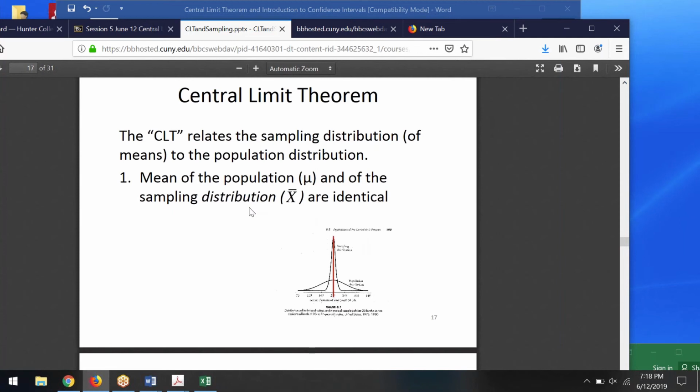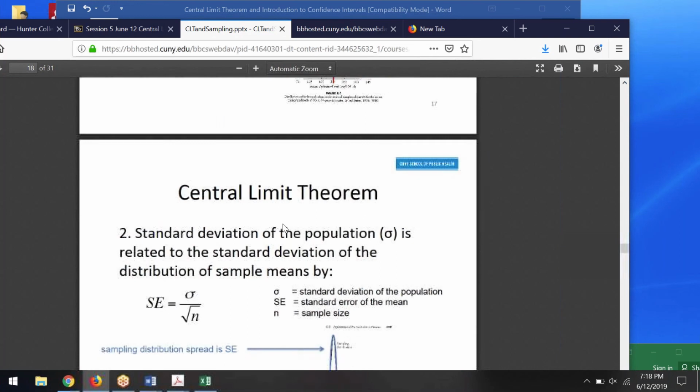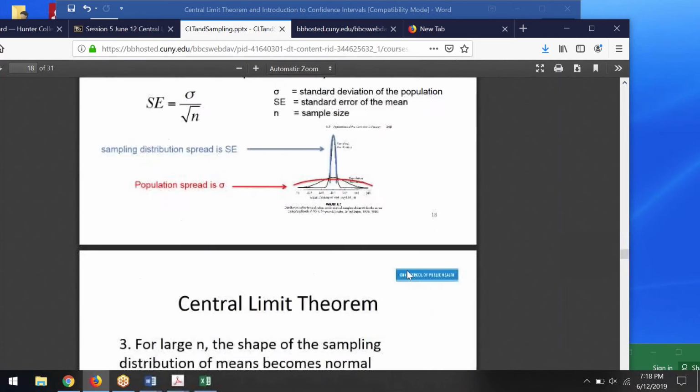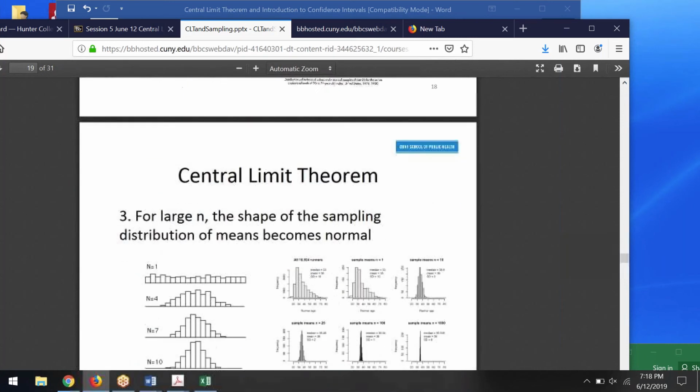The sampling distribution, X bar, and the mean are going to be similar, but the sampling distribution is going to have a standard deviation related to the population standard deviation sigma over the square root of the sample size. The bigger the sample size is, the less variable your repeated sample means are going to be, less different they're going to be from one another. So SE represents standard error of the mean, which we know to be the standard deviation for repeated sample means. Okay, and this is another illustration of those two charts.